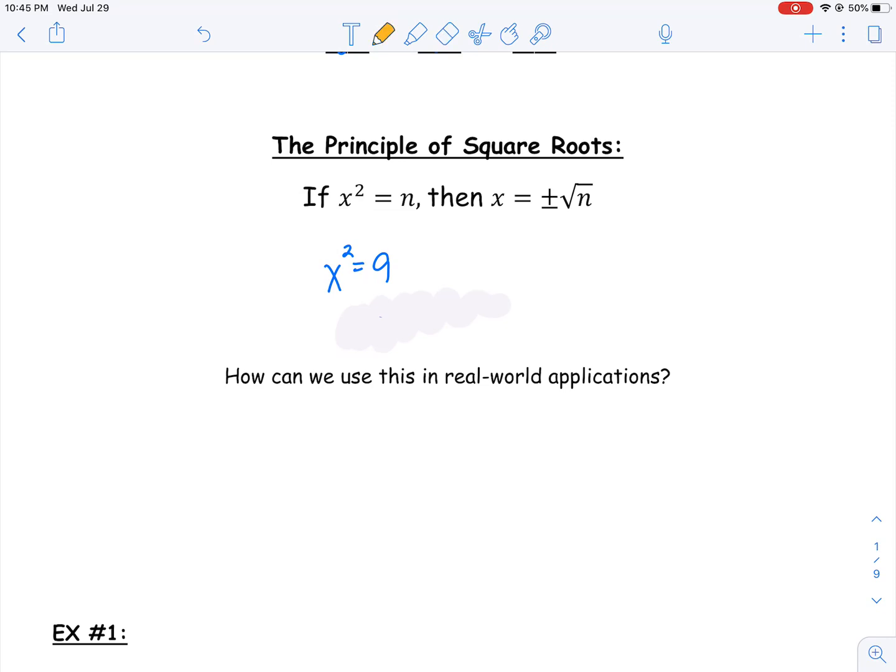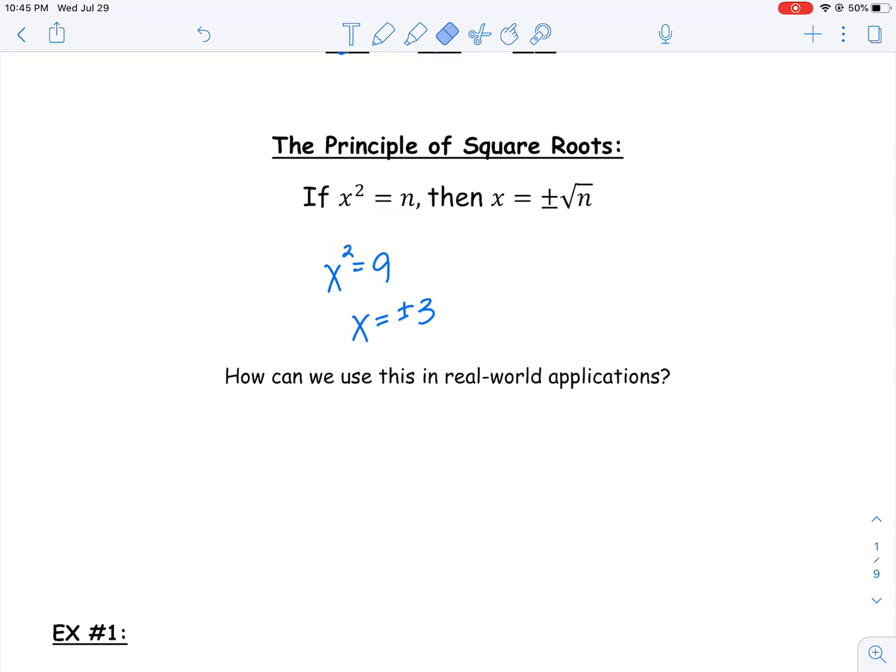If I give you the problem x squared equals 9, what can x be so that when you square it, you get 9? Well, you might think of doing the inverse operation of squaring, which is square rooting. The square root cancels, and the square root of 9 you might say is 3. But you have to be careful. X could actually equal positive 3 or negative 3.